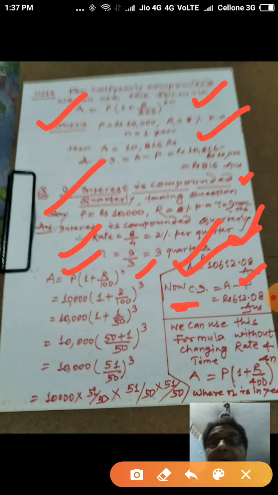So in this way the case of compounded quarterly is solved. Now again, as we have discussed the compounded half yearly, and then we have searched an alternate method, just changing the formula but not changing the information.